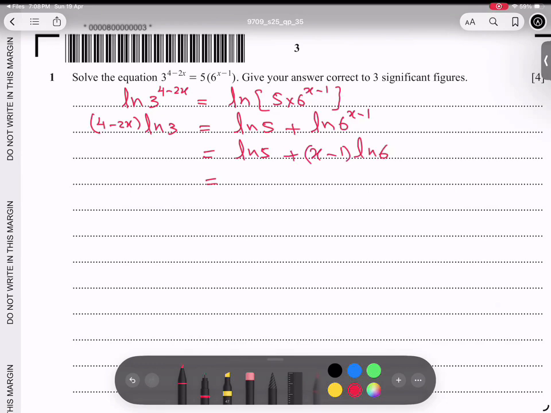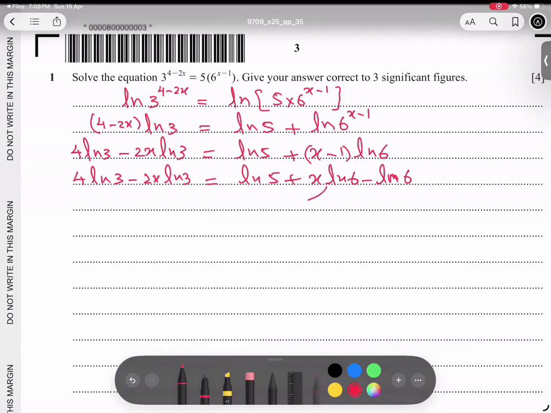Now what is this situation? Multiply inside both brackets: 4 times 2 ln 3, minus 2x times 2 ln 3. Same here, this is ln x times 2 ln x and minus ln 6. Now here we have 4 ln 3 minus 2x ln 3.